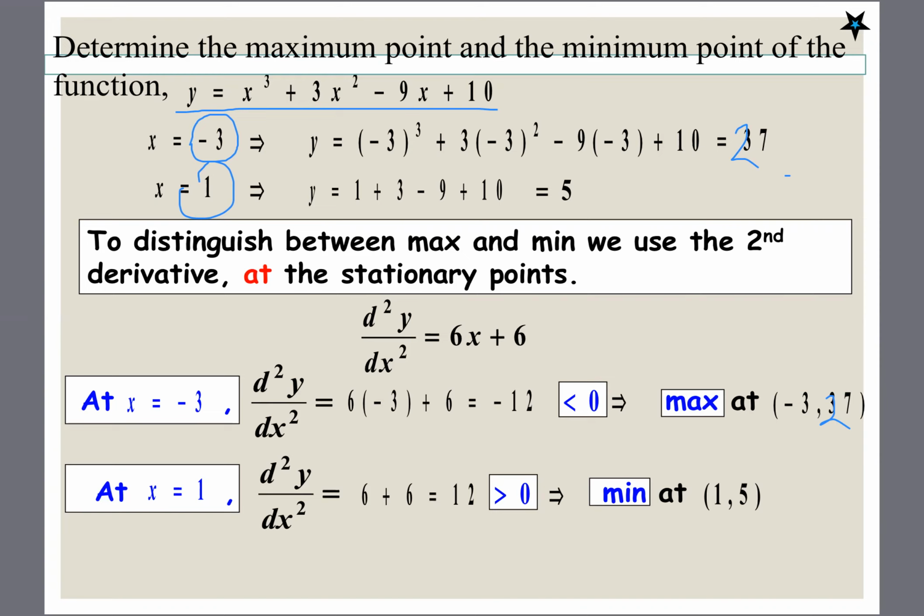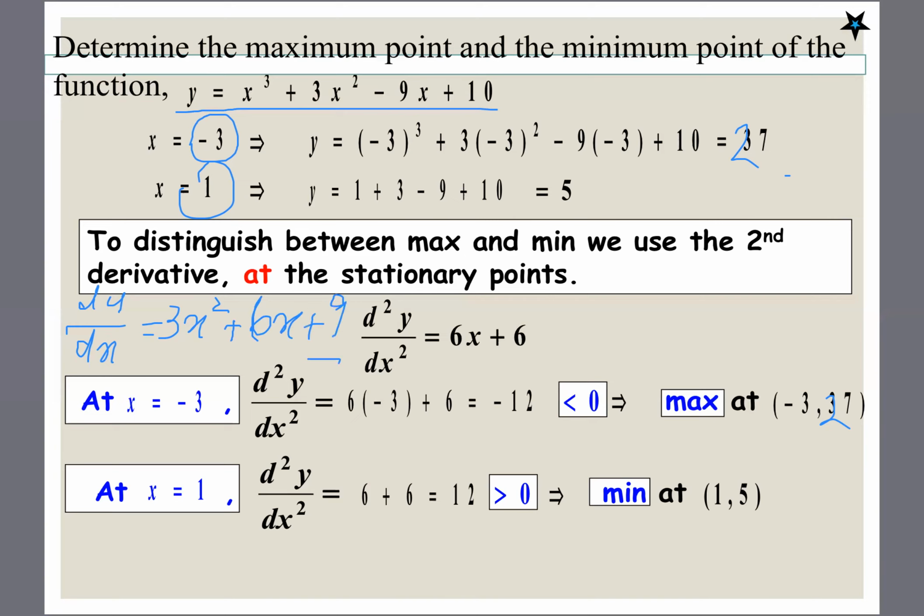So now our first derivative function is, I'll write here, dy by dx equals 3x squared plus 6x minus 9.